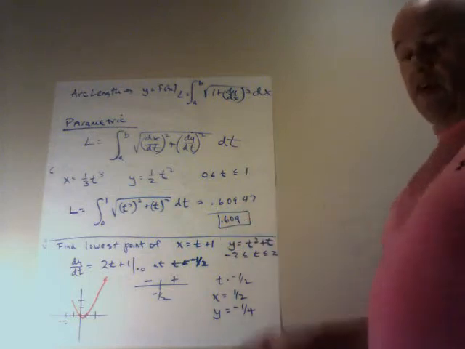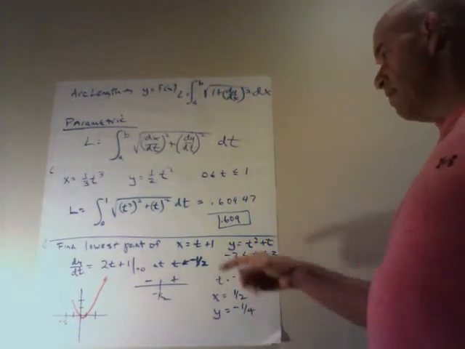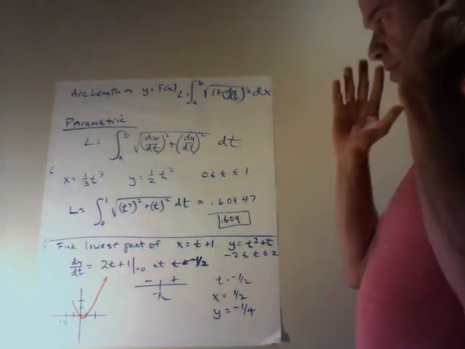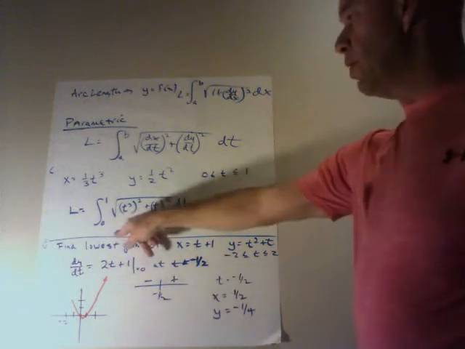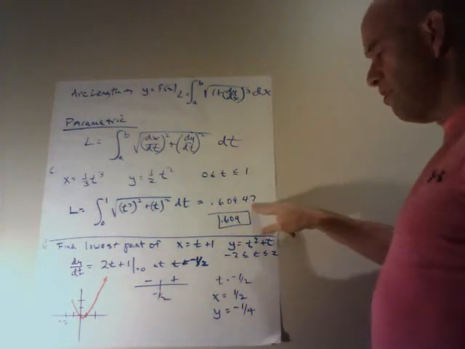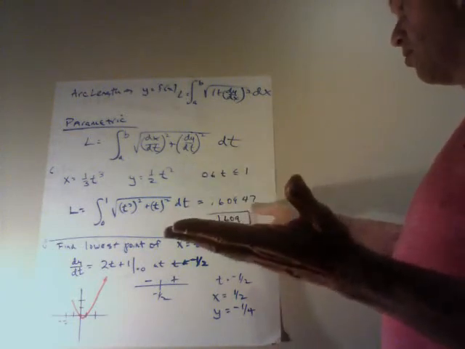Now this would be a very good one. You guys have really got to start getting good using fnInt, but I would solve this using fnInt by putting math 9, put in my 0 to 1, put the function in, and I get this decimal, 0.60947. That's just an approximation.